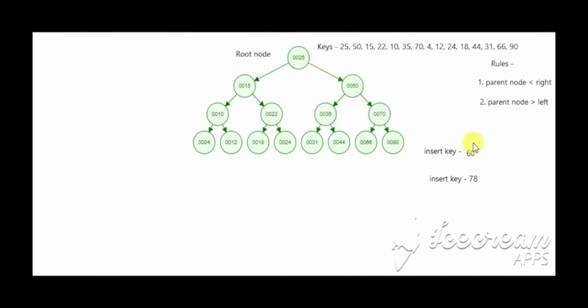Then 60 will compare with 50. 60 is greater than 50, so it will go right. Then 60 will compare with 70. 60 is less than 70, so 60 will go left. At last 60 will compare with 66. 60 is less than 66, so 60 will be located on the left of 66.